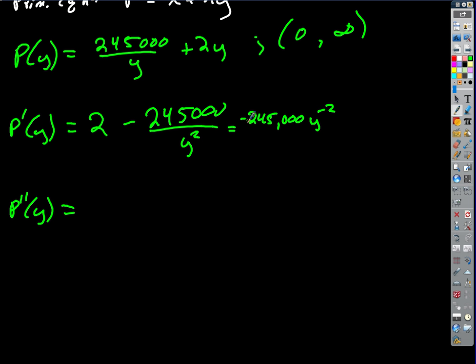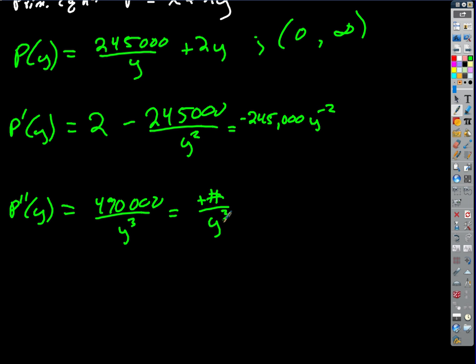We just want to know what the sign is. We'd probably figure out what the number is, divided by y cubed. But we could even just think about that as some positive number divided by y cubed, and that's good enough. Because for any positive value of y, what's that tell us about the sign of the second derivative? Positive. Yeah, it's positive, right? So if it's always concave up, then any critical number we get for the first derivative is going to have to be the minimum, which is what we're looking for, right?